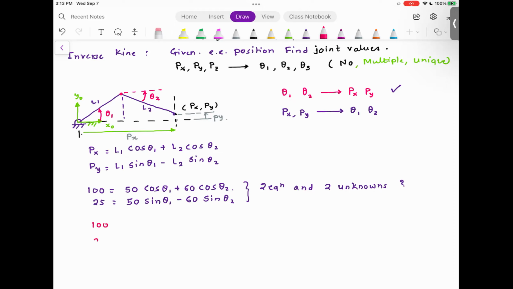saying that I'm going to write this as a matrix. So something like this. So 50, 60, 50, minus 60. But recognize, if I try to do it like this, I don't have a vector to represent.